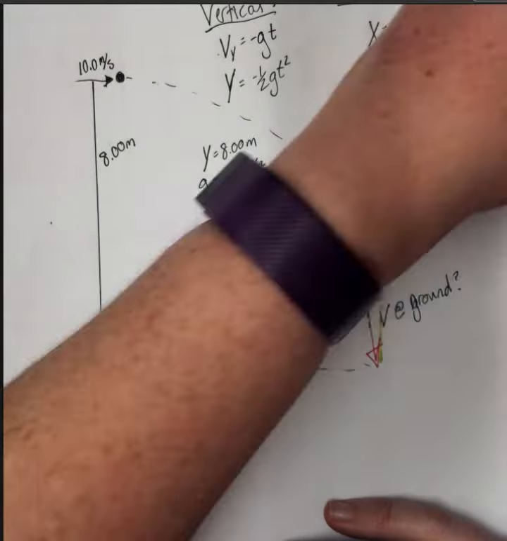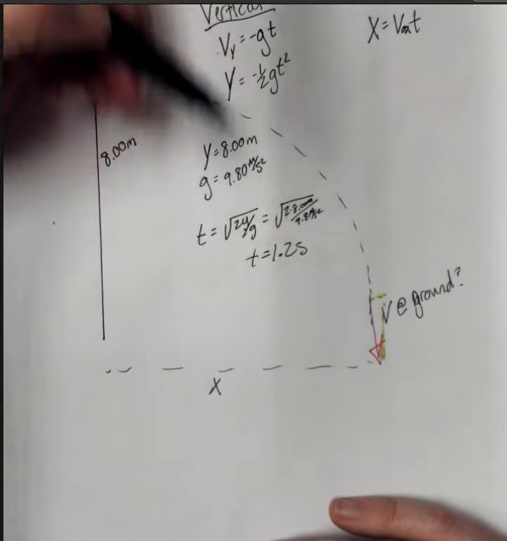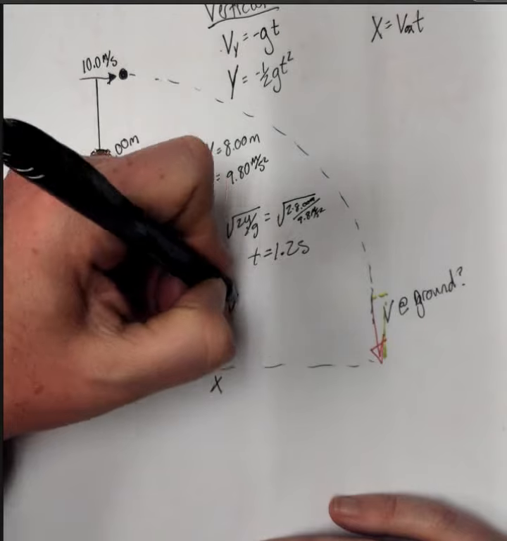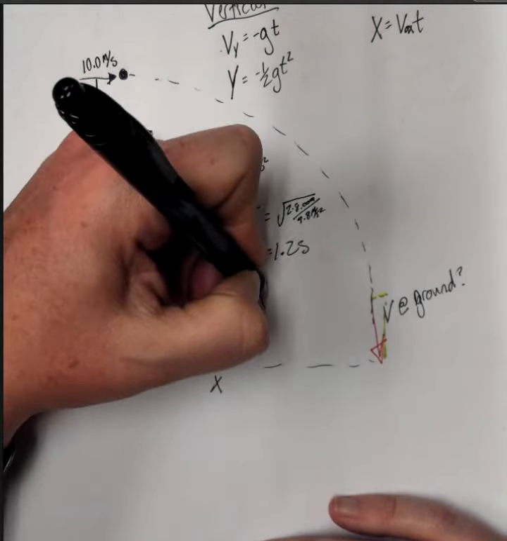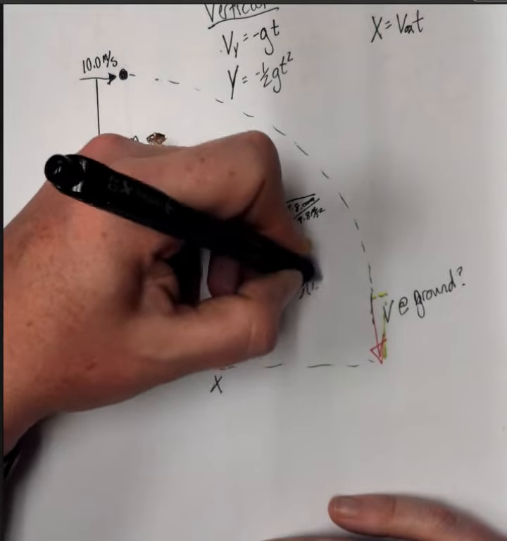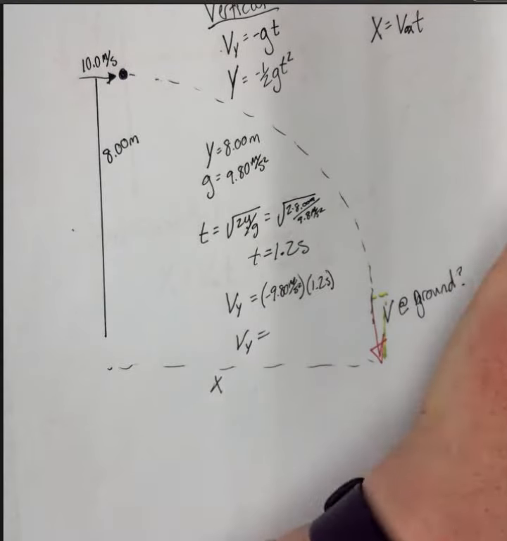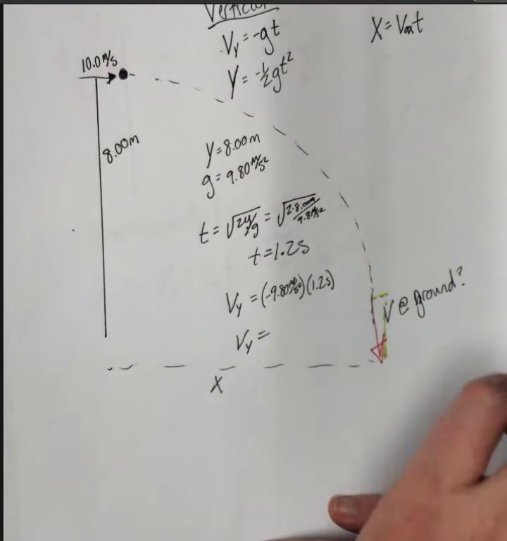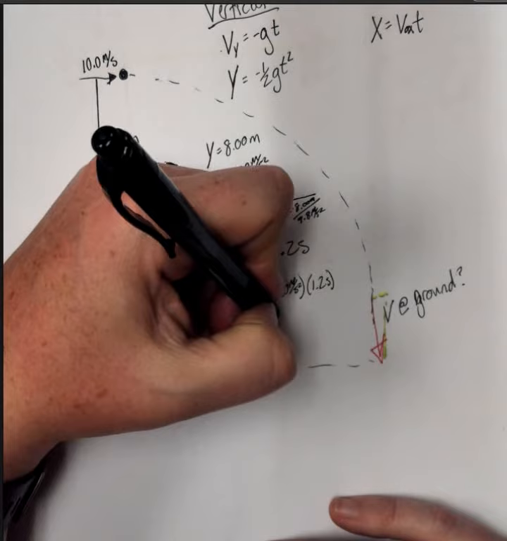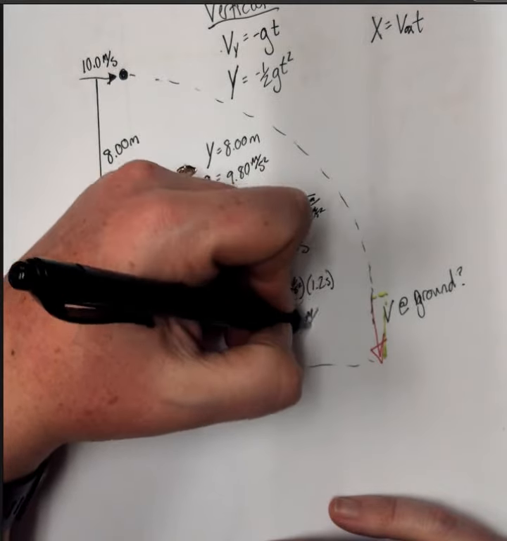Now, from this time, we can figure out what its final velocity is, because its final velocity is going to be equal to 9.80 meters per second squared times 1.2 seconds. So its velocity in the y direction is going to be 9.8 times 1.2, 11.76 meters per second in the negative direction.